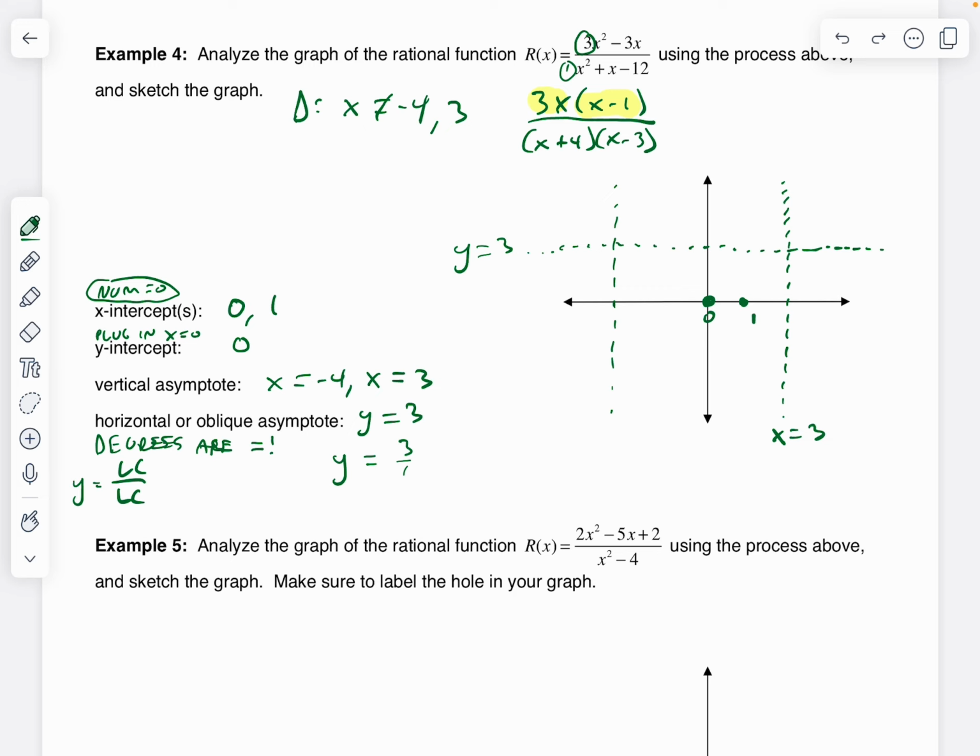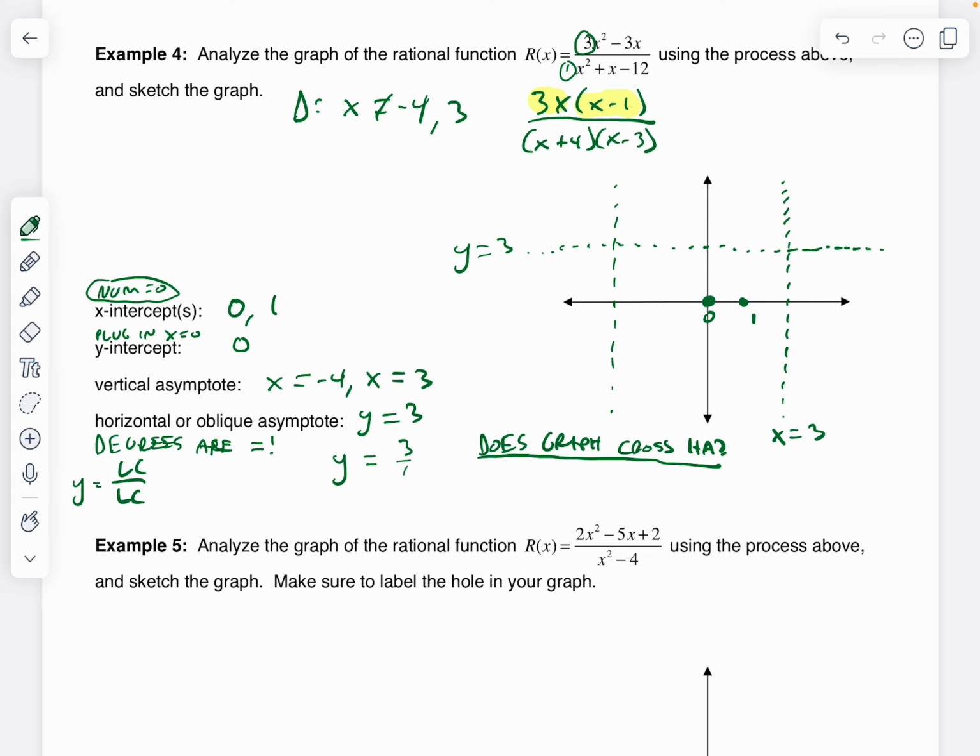You want to check if the graph crosses the horizontal asymptote, okay? It is possible to cross horizontal or oblique asymptotes. Those represent end behaviors. You will never cross through vertical asymptotes, but horizontal asymptotes, it's possible.